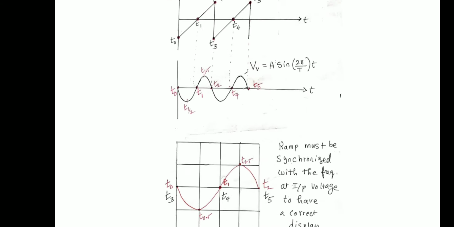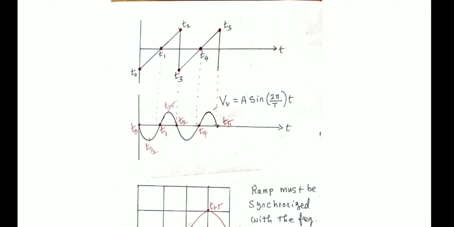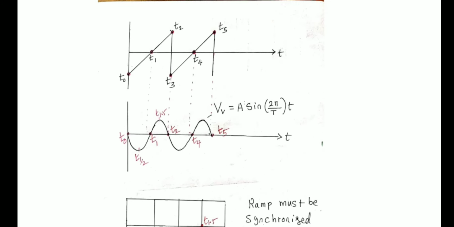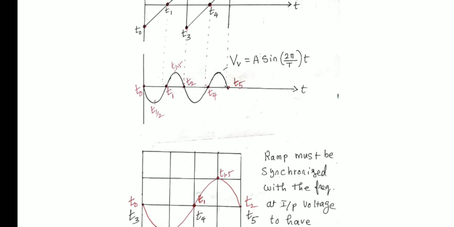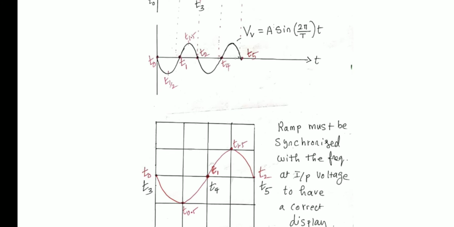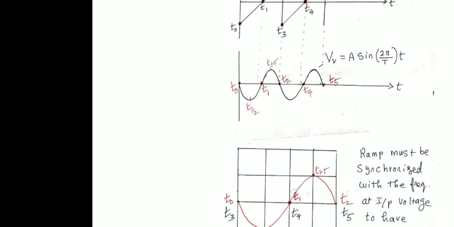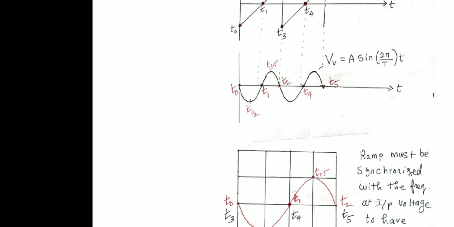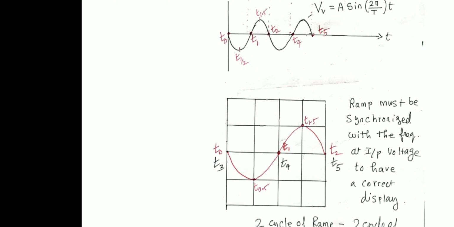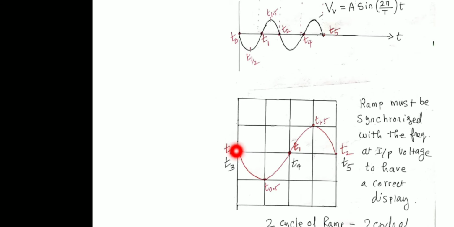At time T naught, the ramp signal is at negative voltage and the input signal is 0. Hence, your luminous spot will appear at the left extreme of the screen like this, okay?